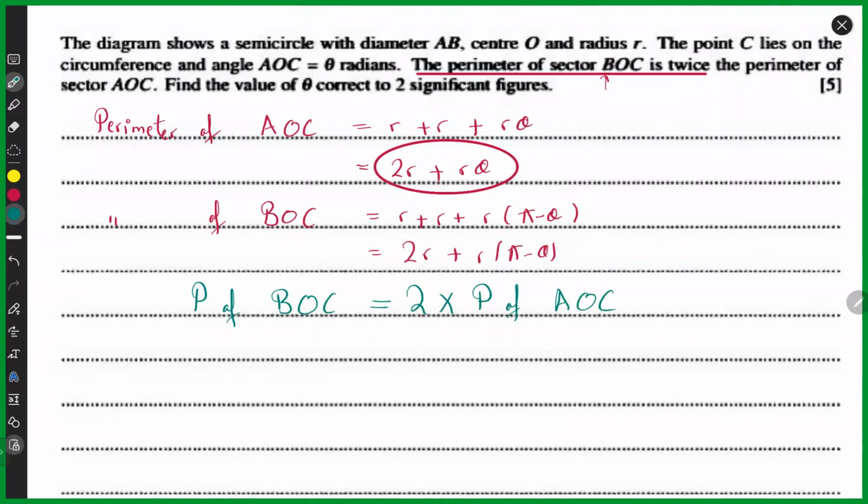The perimeter of BOC turned out to be this. It's 2r plus r into pi minus theta, and it's 2 multiplied by the perimeter of AOC, that was 2r plus r theta. All right. So that is done.